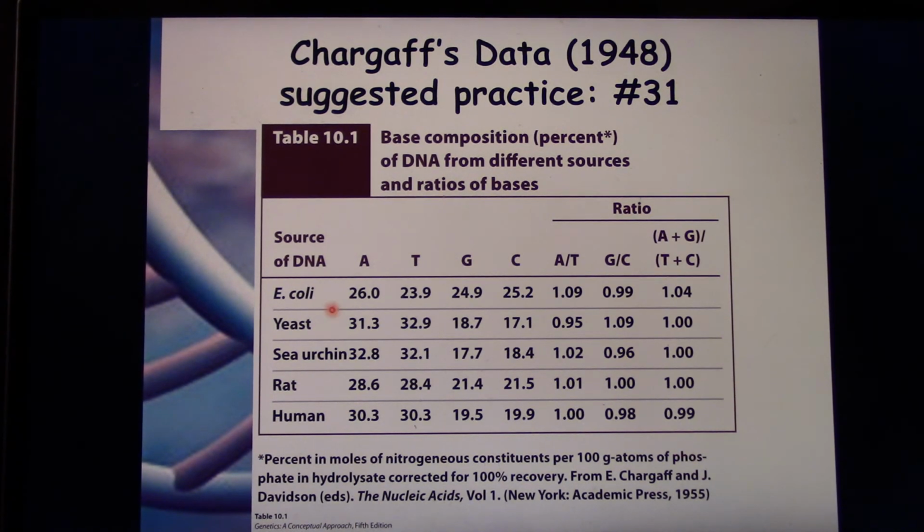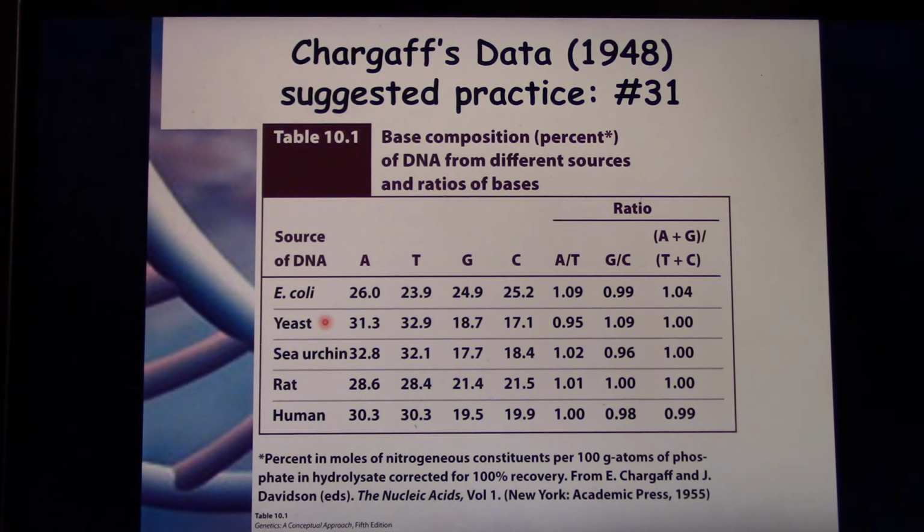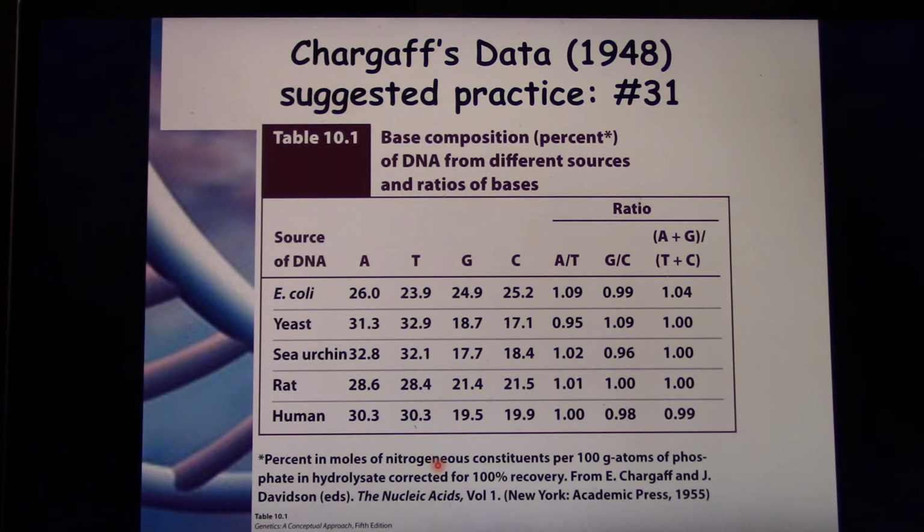And that wasn't just true for bacteria, but for all of the species they looked at: E. coli, yeast, sea urchins, rats, humans. So that was the data that was really interesting to Watson and Crick. You can see also, by the way, E. coli and yeast have very different contents, and that's part of what makes one species different from another, is the genetic material ratios between the nucleotides.